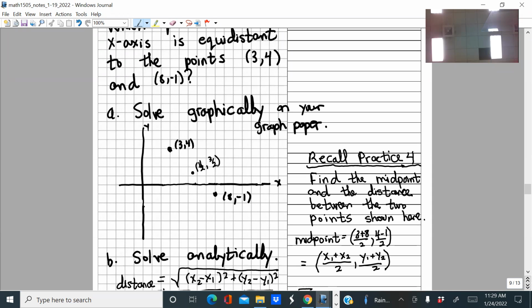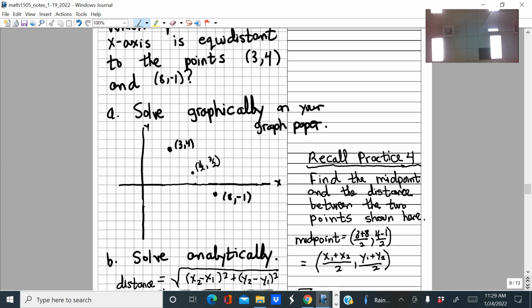I want to find the point on the x-axis. The point has to be on the x-axis, which is equidistant. That means the same distance from these two given points, not the midpoint here, the same distance from these two given points, 3, 4 and 8, minus 1. Now, clearly the midpoint is the same distance from these 2 points because it's halfway between the 2 points, correct?